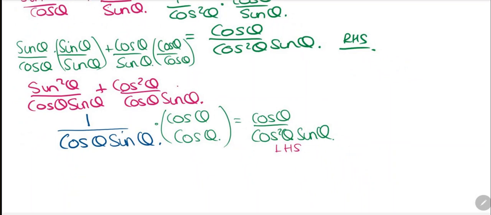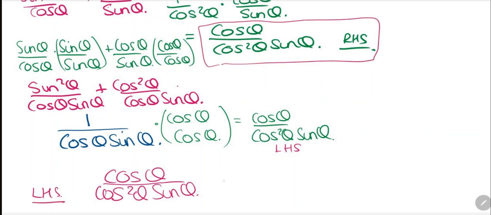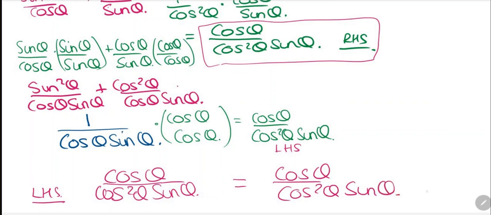So if I rewrite that over here, cosine theta over cosine squared theta times sine theta. And on the right-hand side, which is here, we have cosine theta over cosine squared theta sine theta. So we have made the left-hand side equal the right-hand side.